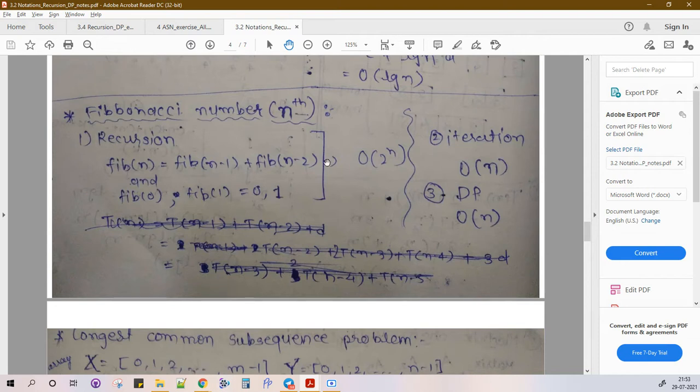Recursion will make so many calls, 2 to the power n. If you solve it using simple iteration, where the given term is the summation of the last term and second last term, then it will be just order of n. And if you use dynamic programming, we are writing the recursion program but saving the already calculated values, then it would be order of n.